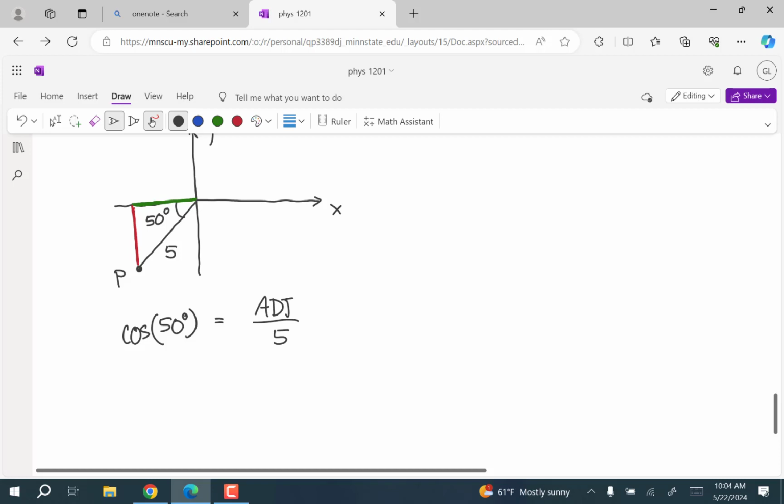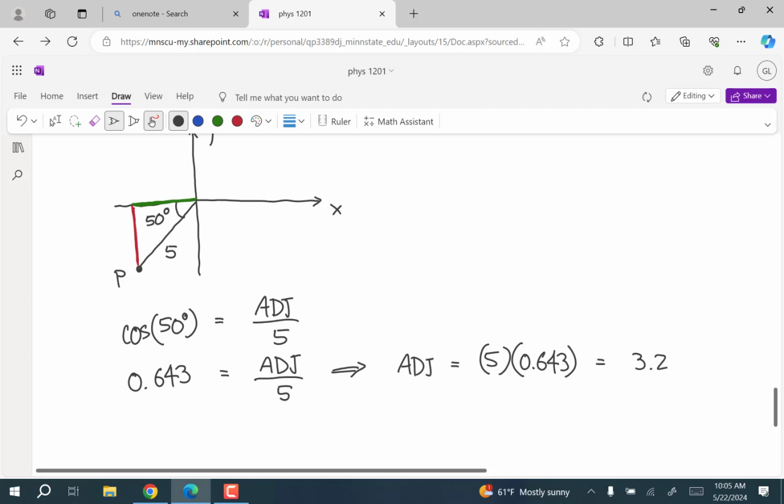The cosine of 50 degrees is 0.643, and that's equal to the length of the adjacent side divided by 5. And so what we get is that the adjacent side is equal to 5 times 0.643. And that's something around 3.21.